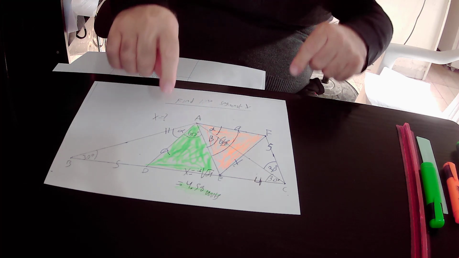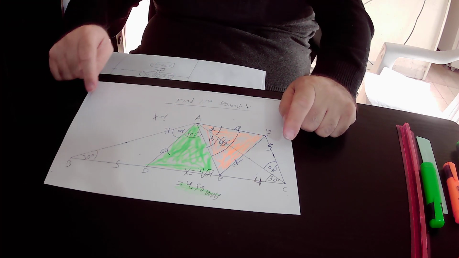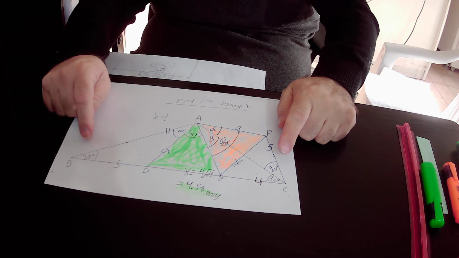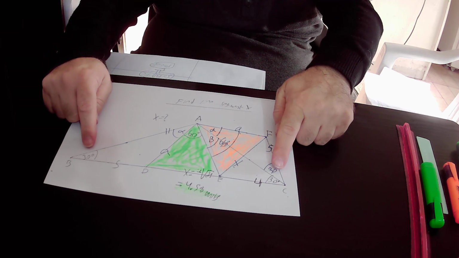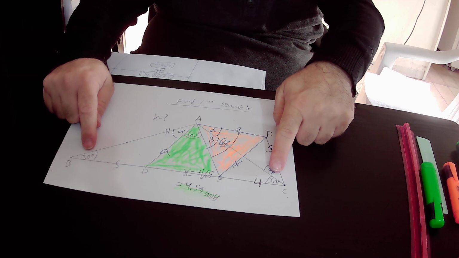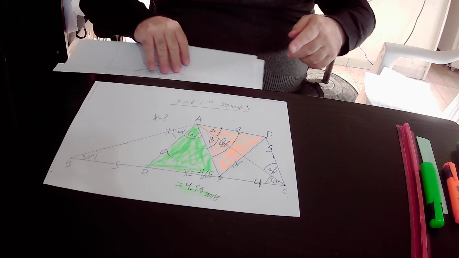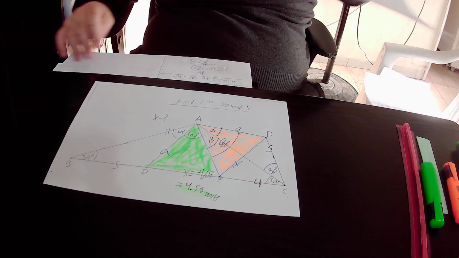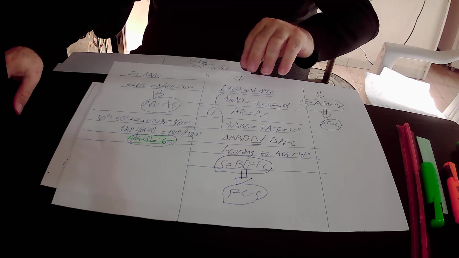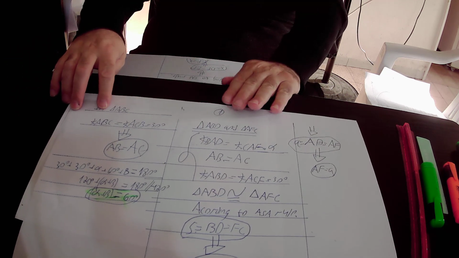So we focused on triangle ABC. In triangle ABC, those two angles are both equal to 30 degrees, therefore they are equal to each other. So here angle ABC equals angle ACB.